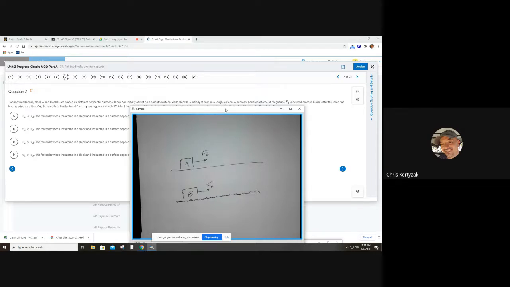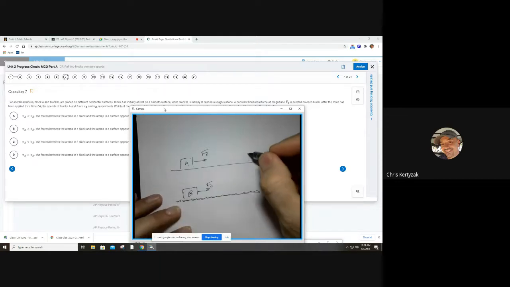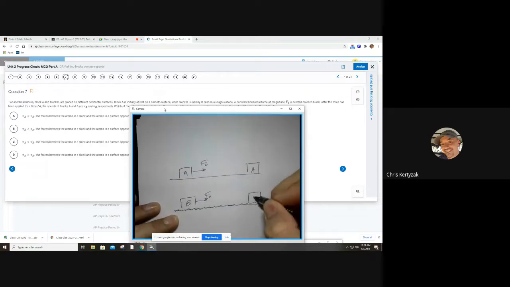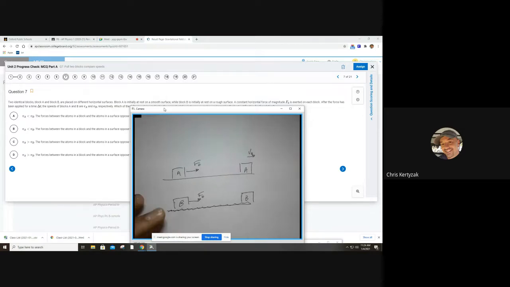After the force has been applied for a time delta t, who knows how long it is, nobody cares, the speeds of the blocks A and B are v_A and v_B. We don't know. So some amount of time later, we know that block A has a certain velocity, with the magnitude being the speed. And v_B also has some.